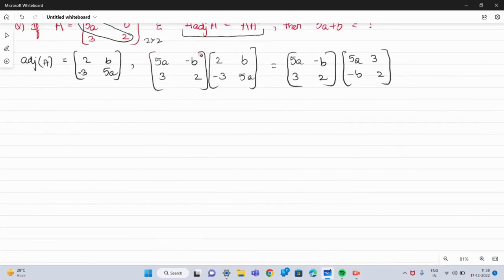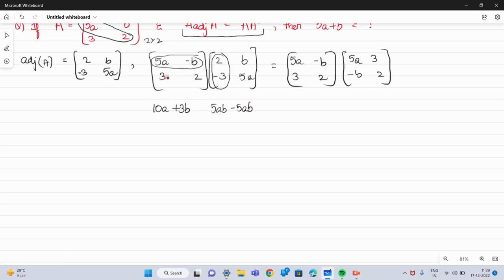So by multiplying, you'll get: 5A into 2, which is 10A, plus 3B. Again, this with this, 5AB minus 5AB, which is 0.